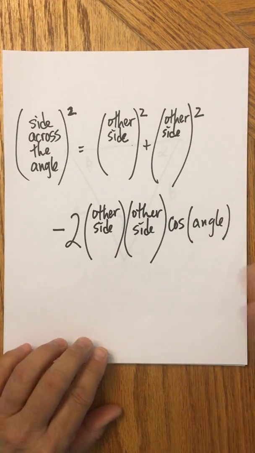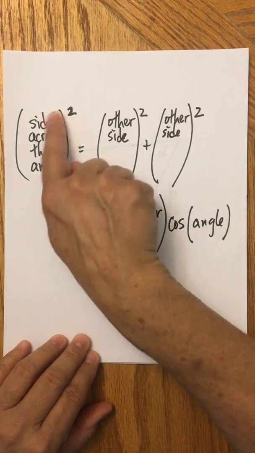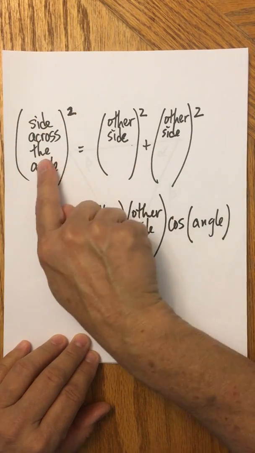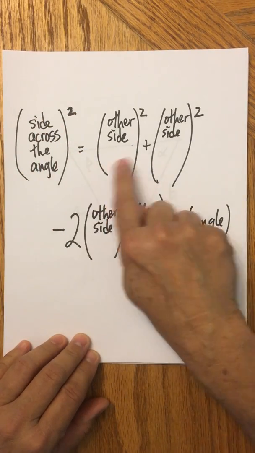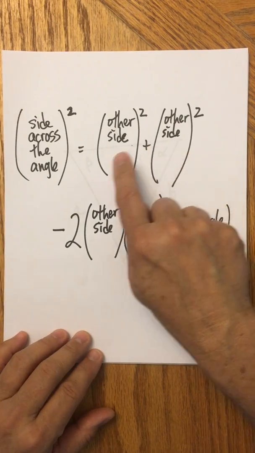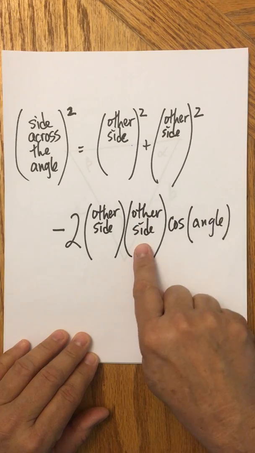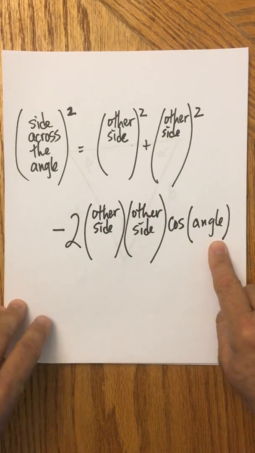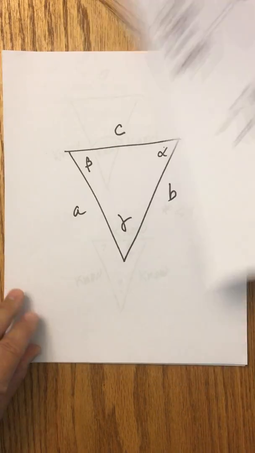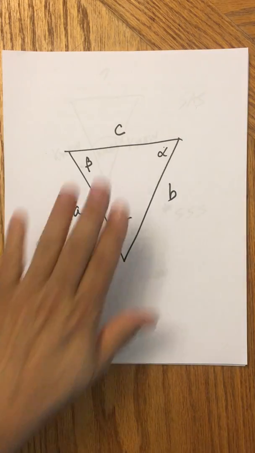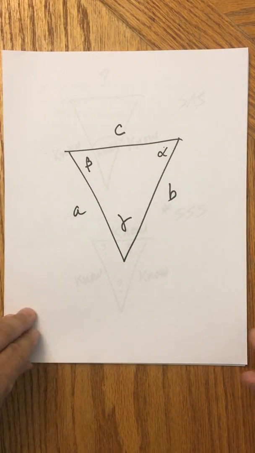So essentially what you have is the side across the angle, that is squared, and that is equal to, it doesn't matter then which side you put next, the one side squared, then the other side squared, minus 2 times one side times the other side, cosine of the angle, right? So physically, what I think of is, let's say I'm looking at this triangle.